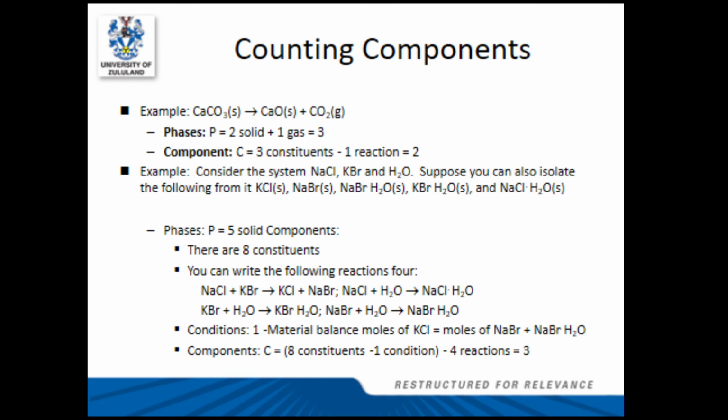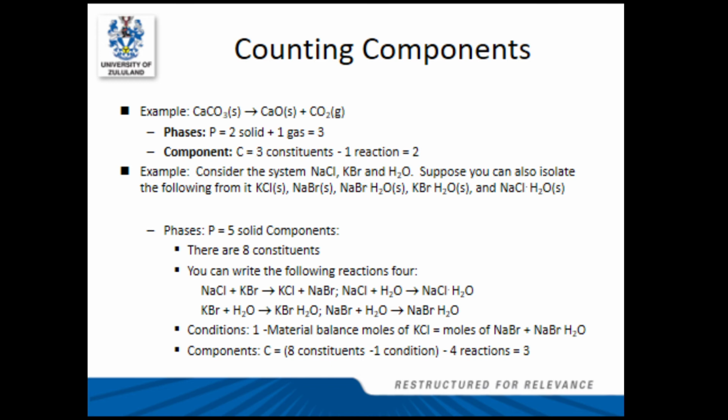But when you look at what we can isolate from that system, I think everything has been given. Potassium chloride, solid. Sodium bromide, solid. Sodium bromide water, solid. Potassium bromide water, solid. Sodium chloride water is solid. So in other words, the number of phases in this case is P equals 5, 5 for the solid components.